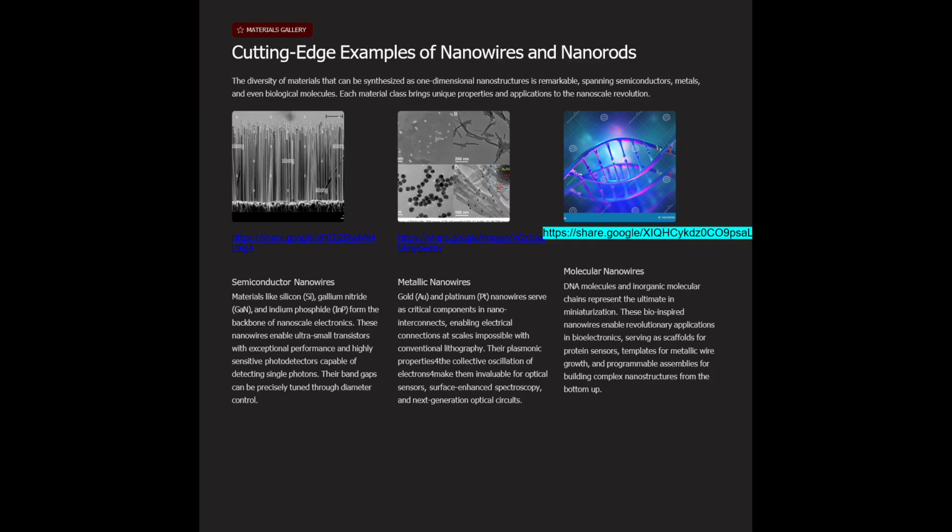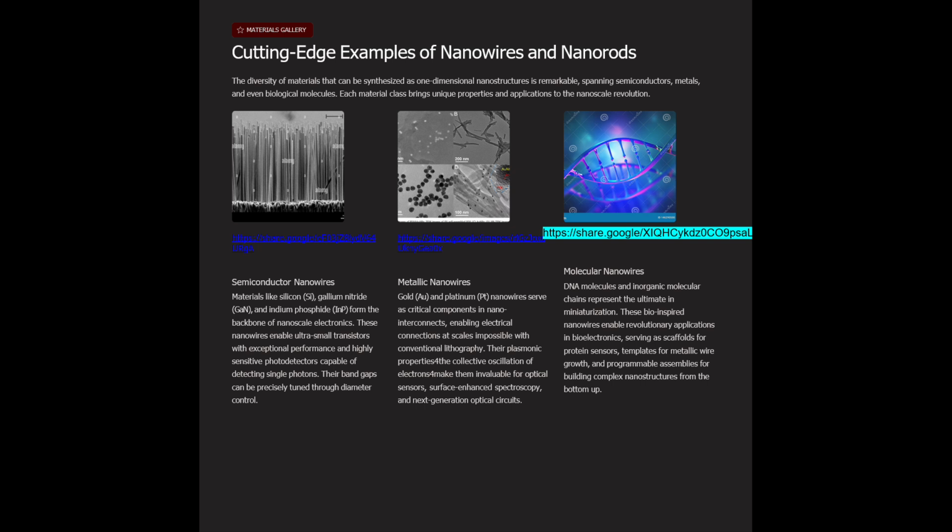Semiconductor nanowires like silicon, gallium nitride, and indium phosphide form the backbone of nanoscale electronics. These nanowires enable ultra small transistors with exceptional performance, and highly sensitive photodetectors capable of detecting single photons, and their band gaps can be precisely tuned through diameter control.